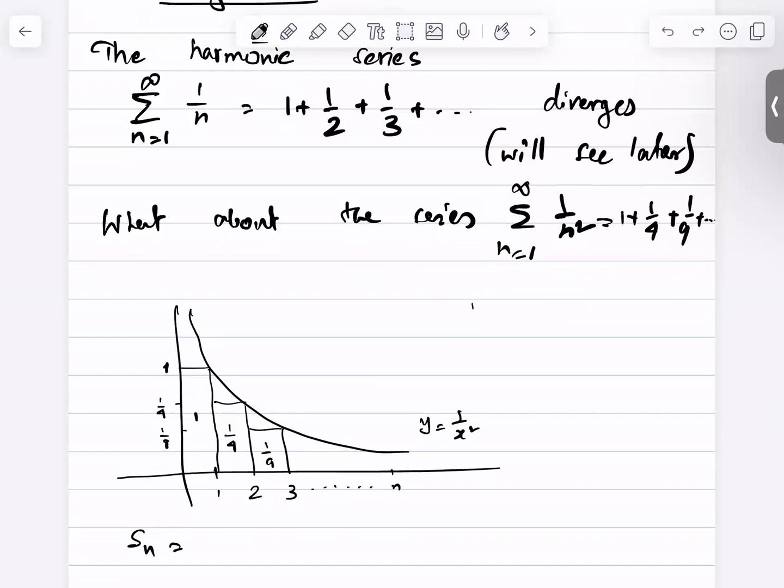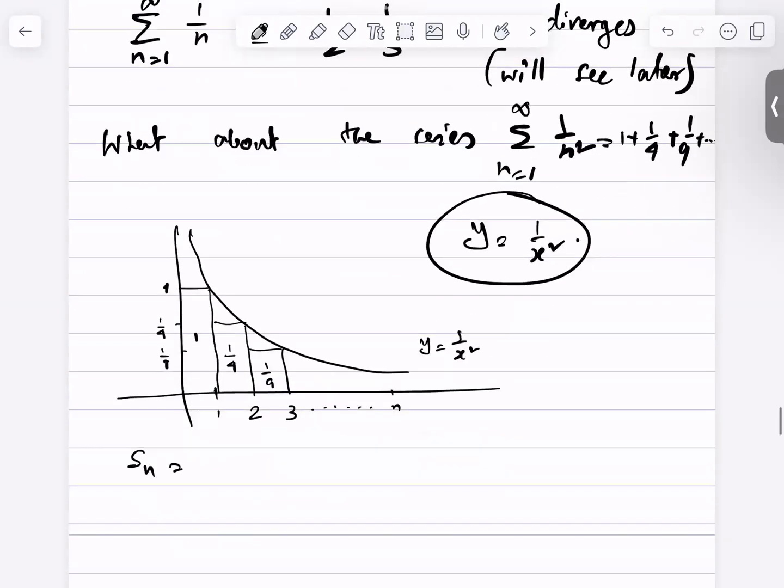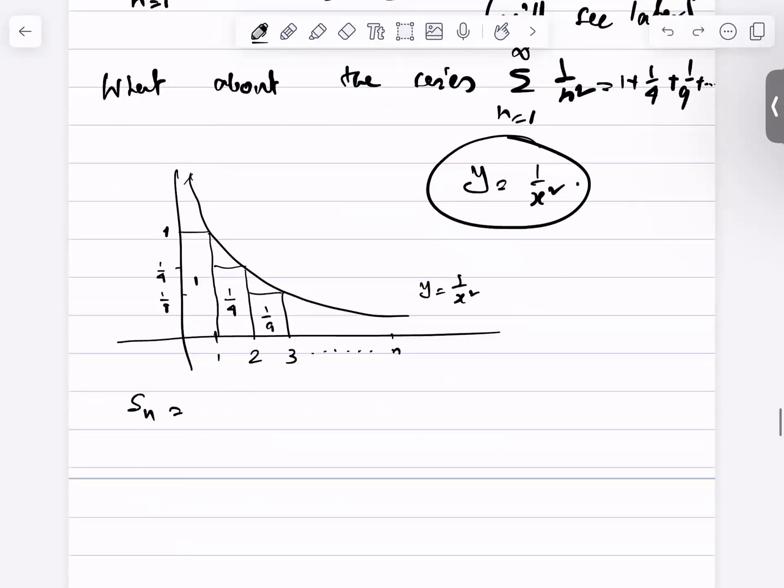But I can consider y to be 1 over x square, that function. If you look at the graph, the function is like this. Now at 1, if I consider this rectangle of height 1 and width 1, then the area of this rectangle is basically 1.